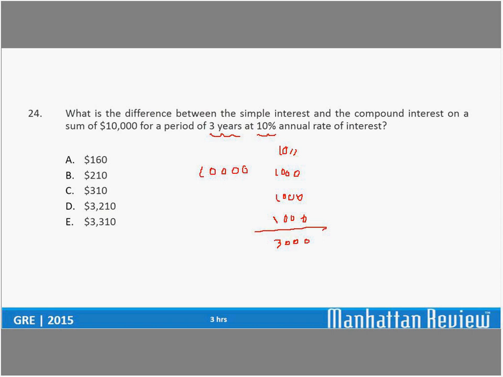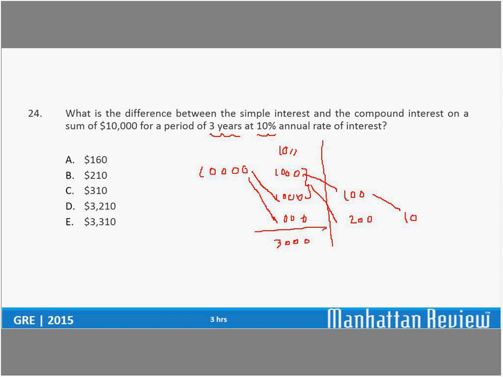With compound interest, in the first year I'll get only 1,000 on 10,000. In the second year, on the 10,000 I'll get 1,000, and on the existing 1,000 I'll get 100, because I have to take interest on the interest also. In the third year, on 10,000 I'll get 1,000, on the existing 2,000 I'll get 200, and on this 100 I'll get 10.